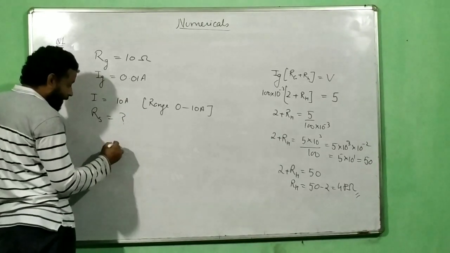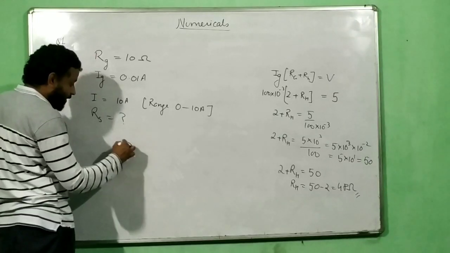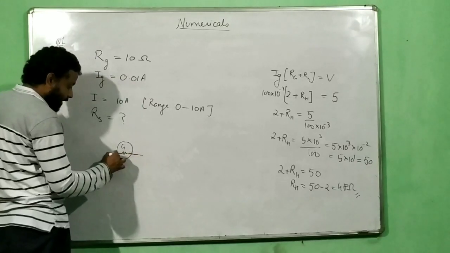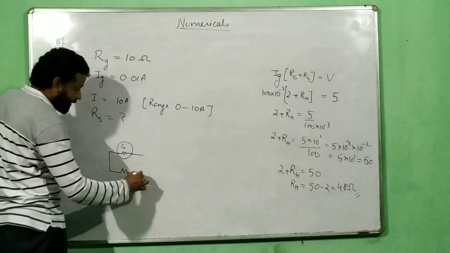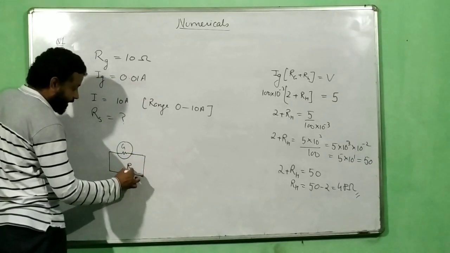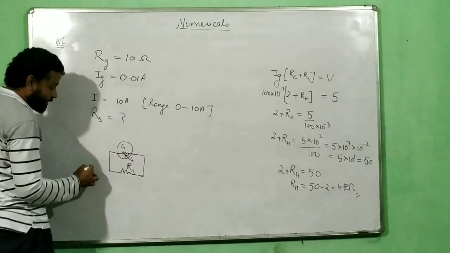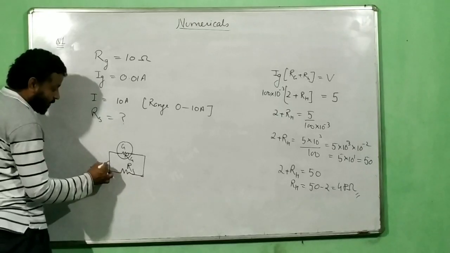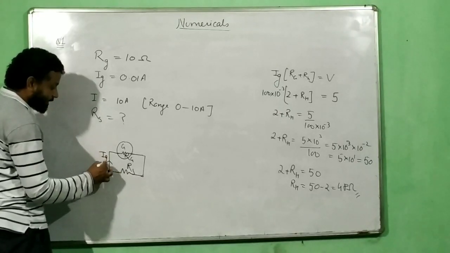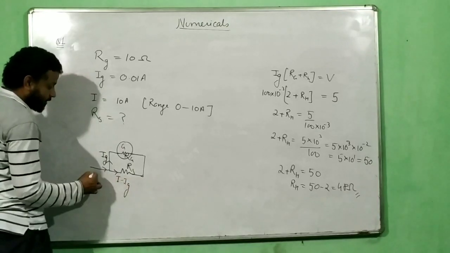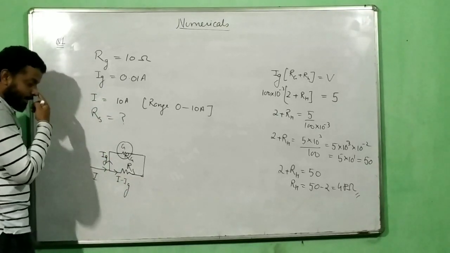Now if you do remember, how does an ammeter look like? An ammeter looks like a galvanometer here, and then you have a shunt over here as your RS, and this is your RG. Then the current I flows over here. The one which goes towards the galvanometer is IG, and the one which remains here is I minus IG.